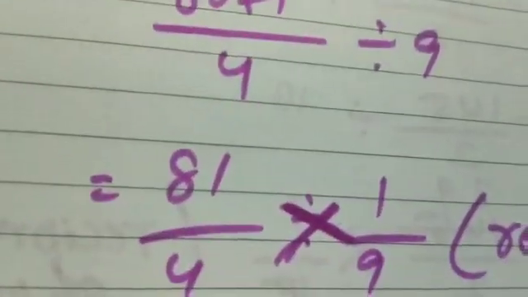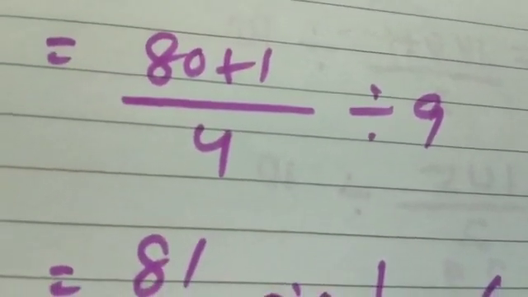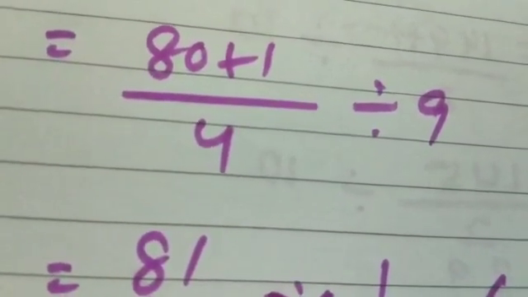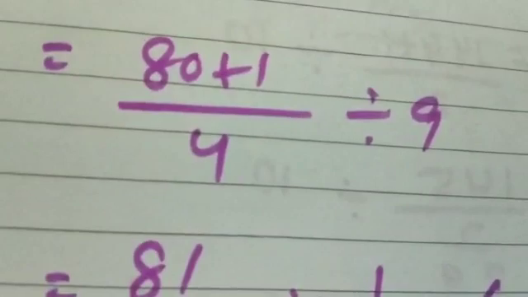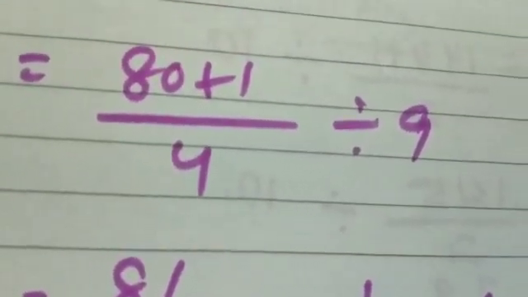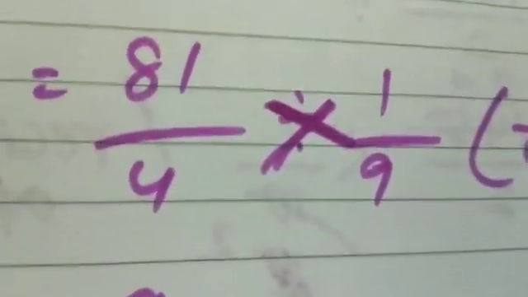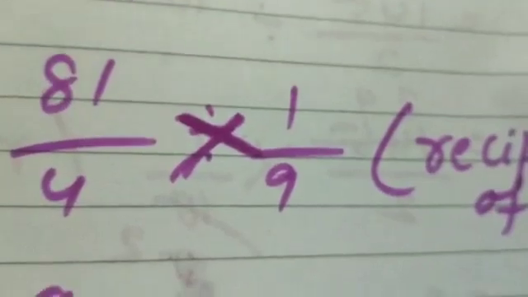Same I have written. Then with the second rule, we'll multiply this 81 by 4, whatever we are getting, with the reciprocal of 9. Now what is the reciprocal of 9? Yes, that is a unit fraction, 1 by 9. So we are multiplying 81 by 4 by 1 by 9.